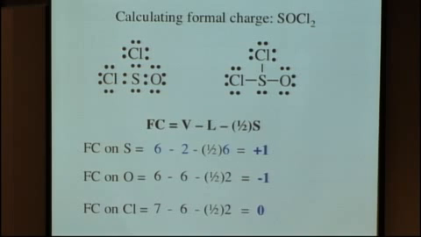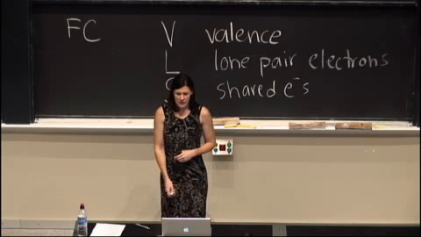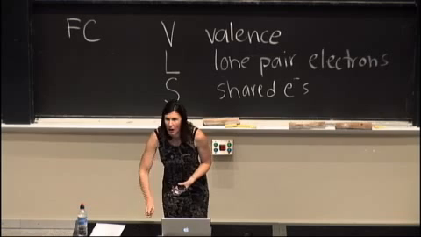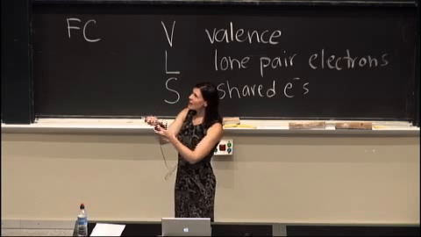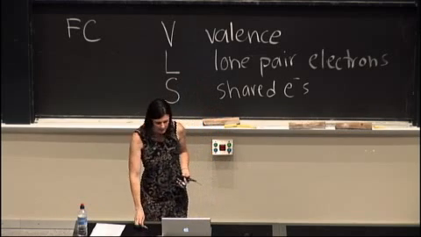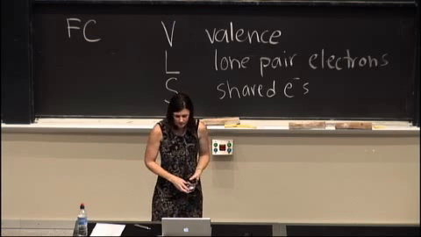And if we talk about chlorine, and both of the chlorines are the same in this case, we start with a valence number of 7, and then we subtract 6 because it has 6 lone pair electrons around each of the chlorine atoms, then minus 1/2 of 2 because we only have 1 bond, or 2 electrons in a bond. So again, we should be able to check all of our formal charges and make sure they add up to 0, which they do, and that makes sense because we have a neutral molecule in thionyl chloride.